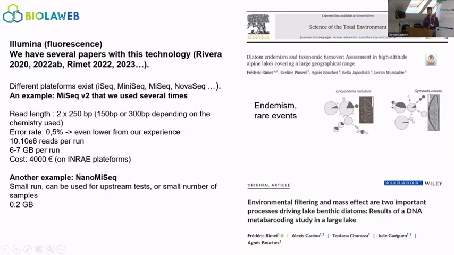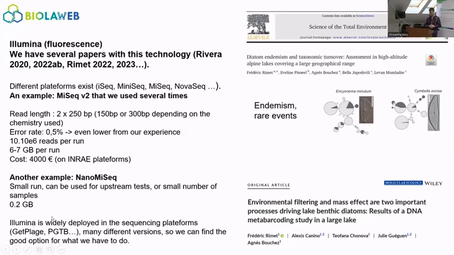If you want to make some small runs for trial to see if, for instance, your primers are working well, or if you have a smaller number of samples, you can use this Nano MiSeq. You see here the number of gigabytes. It's much less, but it enables some small tests.